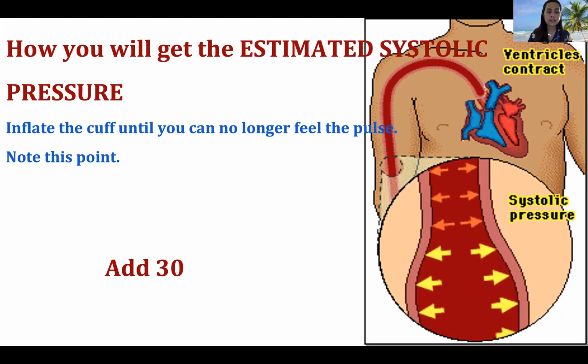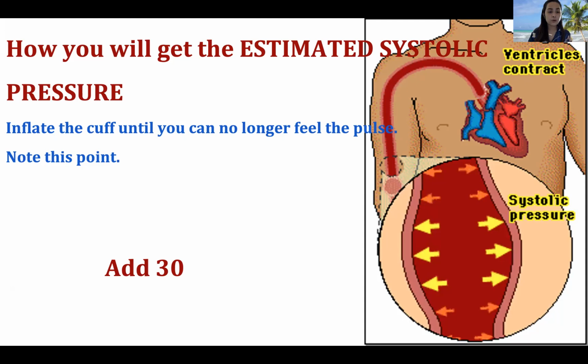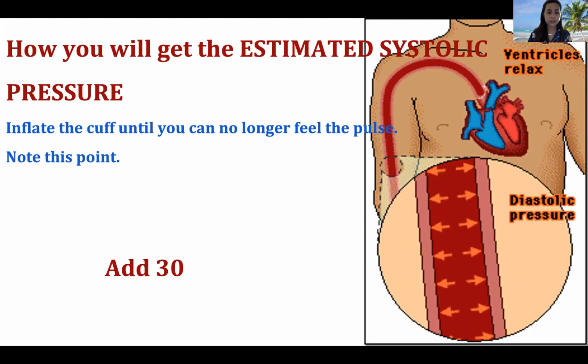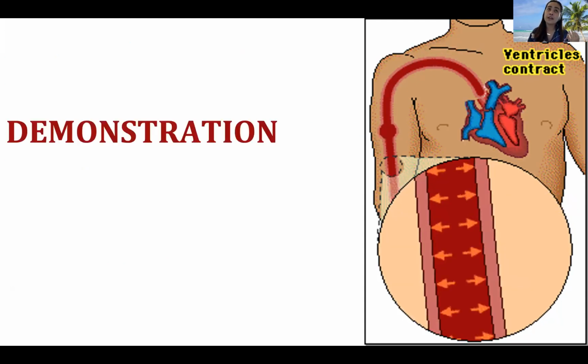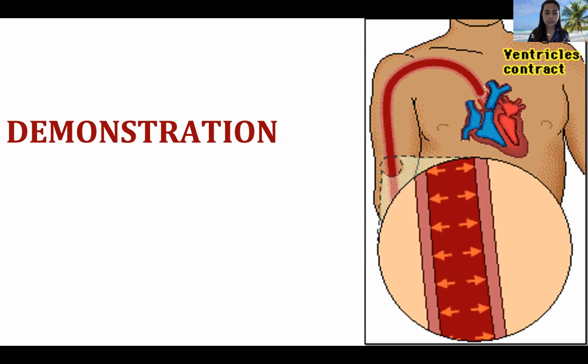Inflate the cuff until you can no longer feel the pulse, note this point, and then add 30. So for example, if you cannot feel the pulse at 150, you deflate it and then you add 30.